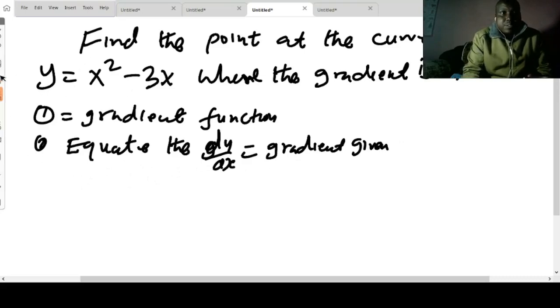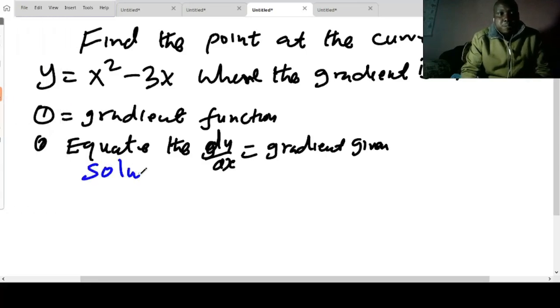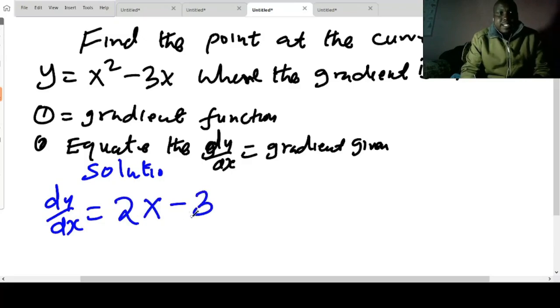So let me change the color. Use blue. So solution: dy over dx, which is our gradient function, will be equal to 2x minus 3. So 2x minus 3 will be equal to 1.